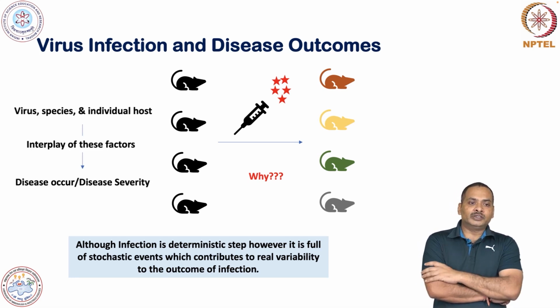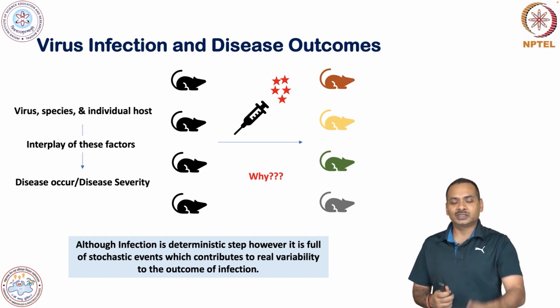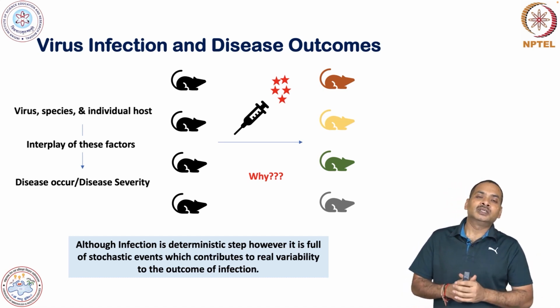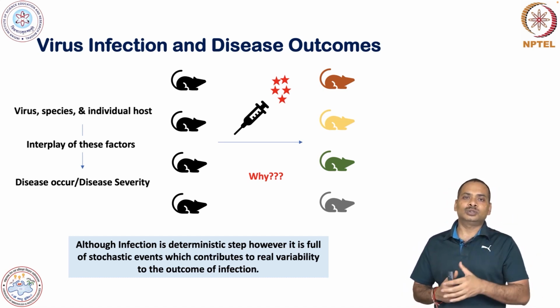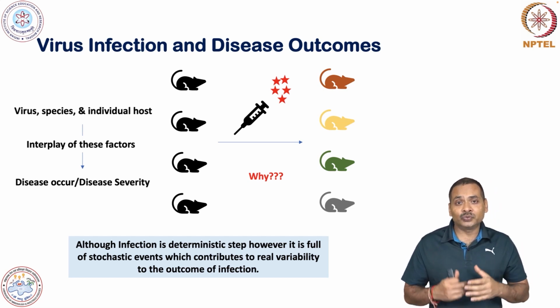Here I am trying to explain that the virus, species, and individual host are all different. Although it is a syngeneic mice, genetically the same, maybe in some mice the metabolism is at a different stage and all those things. So, there is a huge variability.